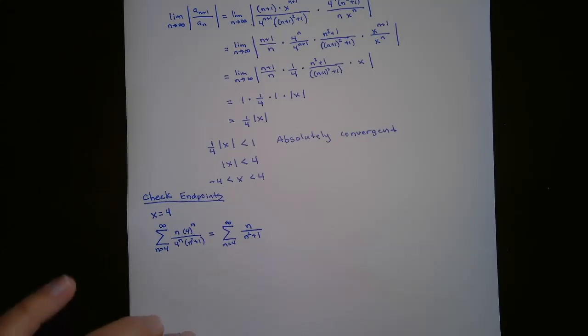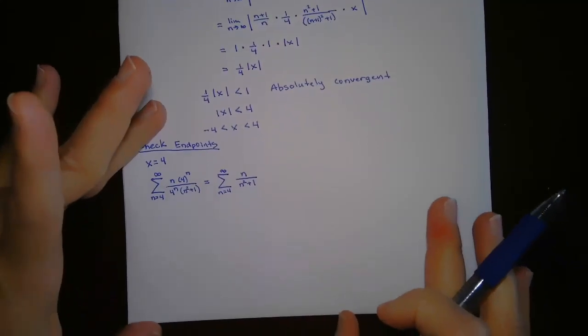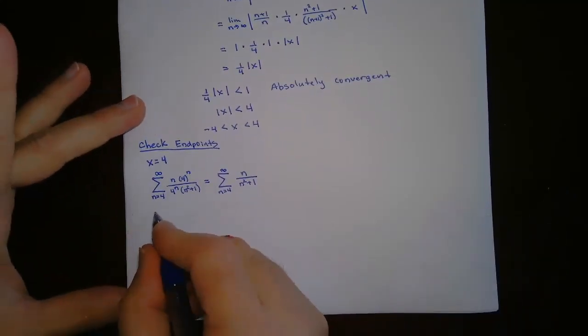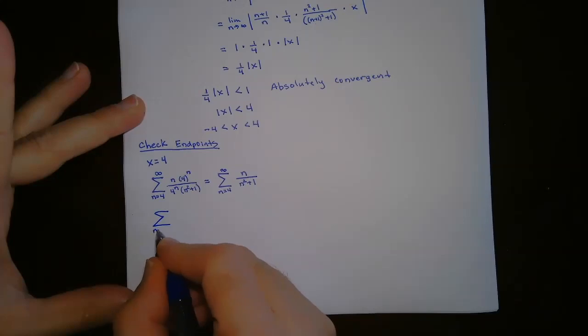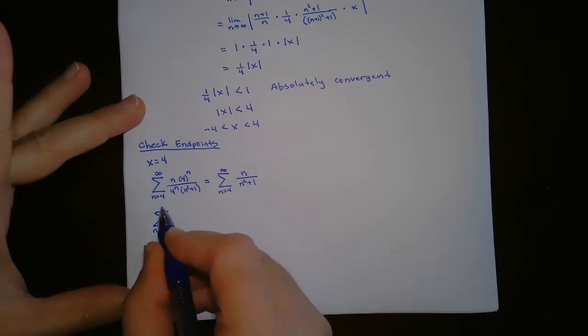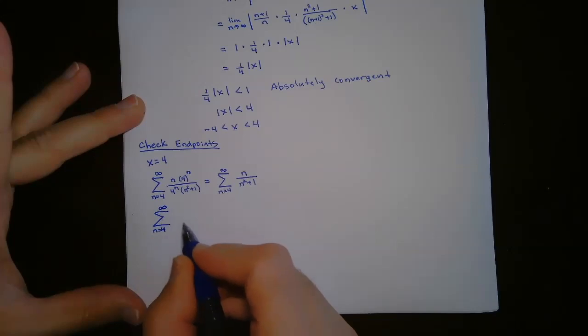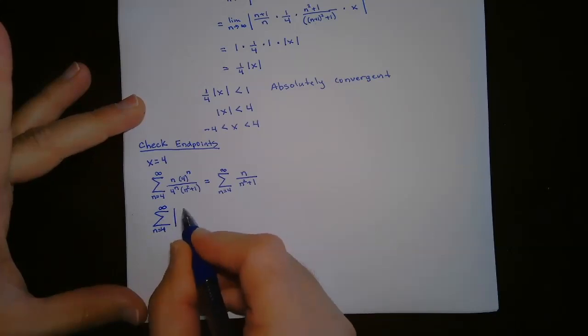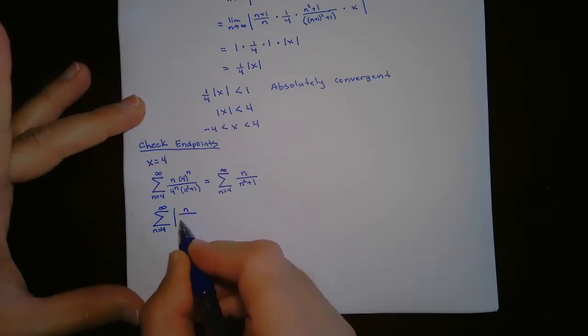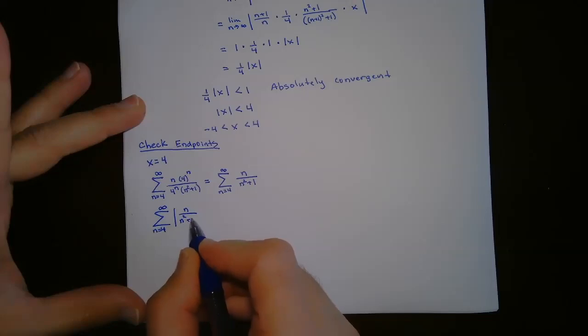Now we have to check the absolute convergence of this. So the sum from n equals 4, not 1, to infinity of the absolute value of n over n squared plus 1.